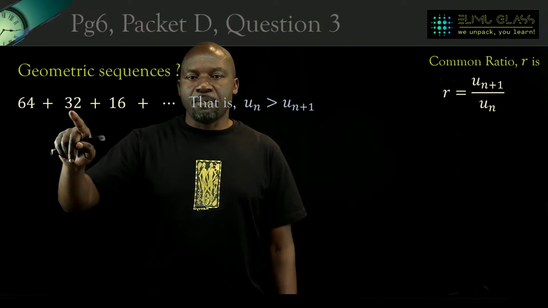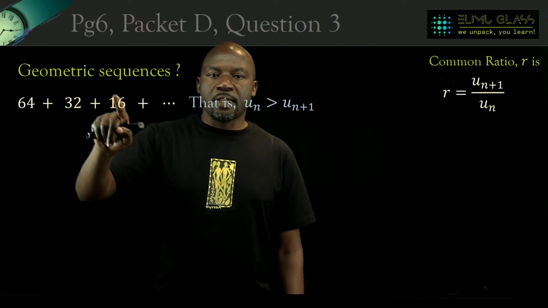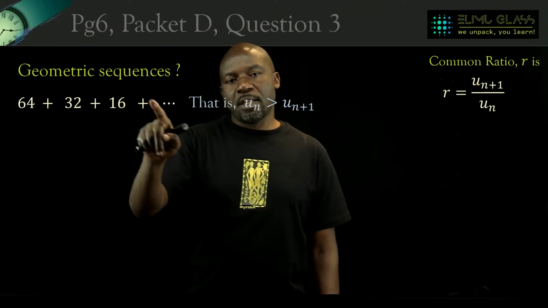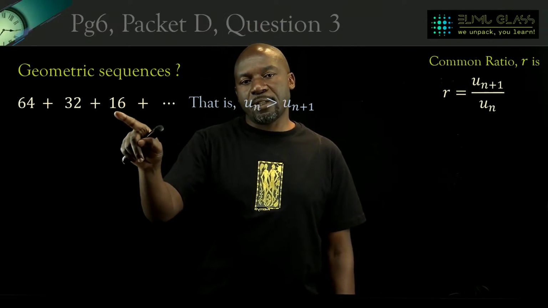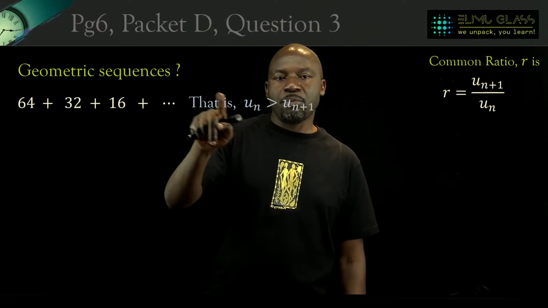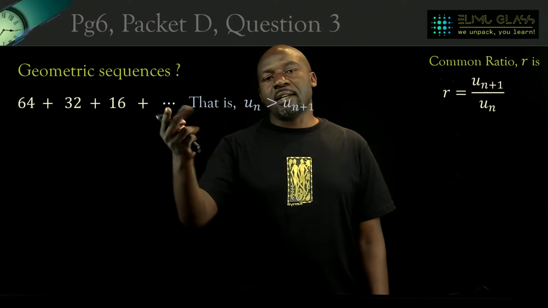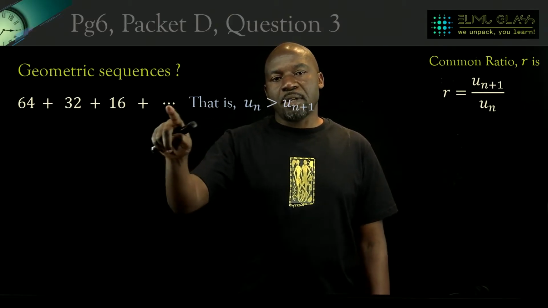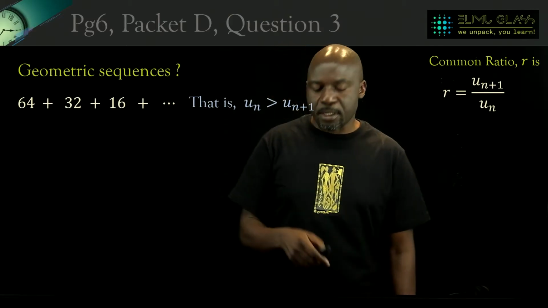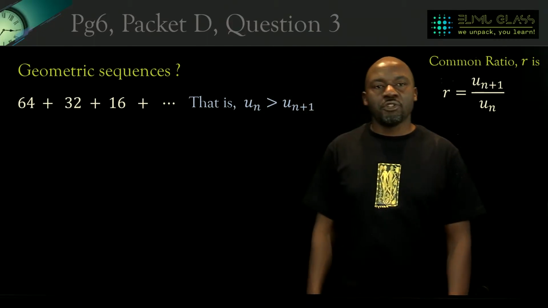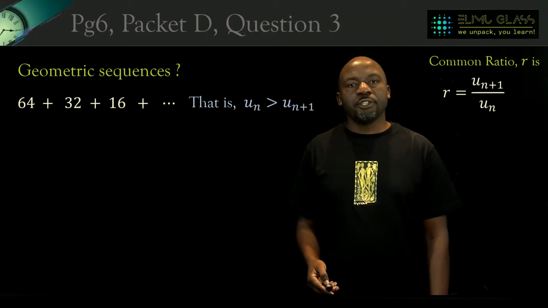If my current term is 32, then 32 is always greater than 16, and so on. So I know that the next term should be smaller than 16, and the following term should be smaller than this term. Take a few seconds, you can pause the video and predict which numbers come next. The next 3 numbers that we get in this sequence, that should not be a difficult challenge.